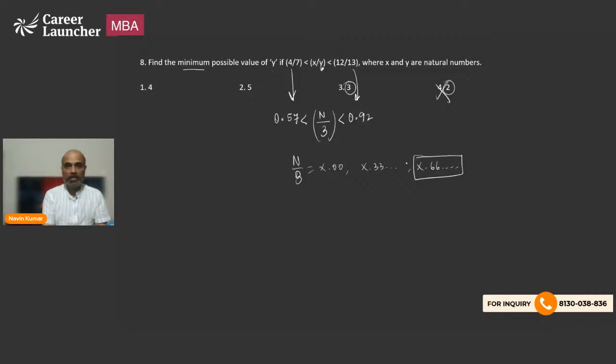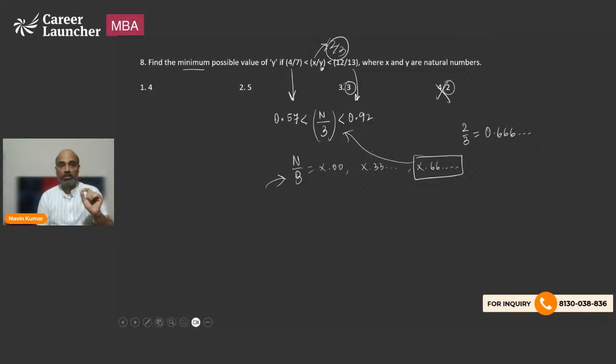This is the value that can come here. 0.66 lies between 0.57 and 0.92. So n becomes 3. Actually, 0.6666 infinite times is nothing but 2 upon 3. So x by y is actually 2 by 3. Then only it will fit, where y is the smallest. Of course, there are infinite values of y that we can have, but we need the minimum value of y.